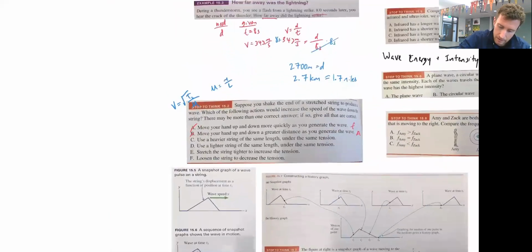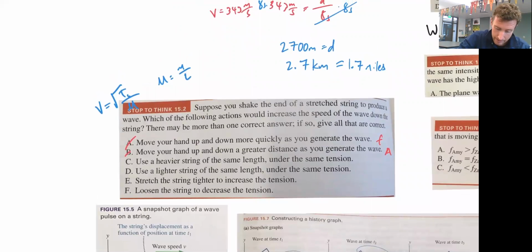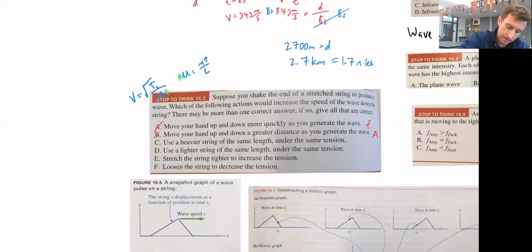So the length is the same. The mass gets bigger. So that means this is going to get bigger, which means this is going to get bigger. So the wave speed will get less, right? Because the denominator gets big, so the velocity would get smaller. And I need an increase in the speed, so that's a no.